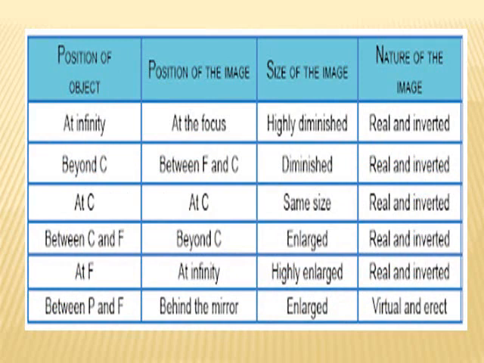This slide gives you the nature of the image formed for all the 6 positions which you have seen earlier. So at infinity, what is the nature of the image? The image is obtained at the focus, highly diminished, real and inverted. You have to write this on the A4 sheet paper for each of the diagrams.